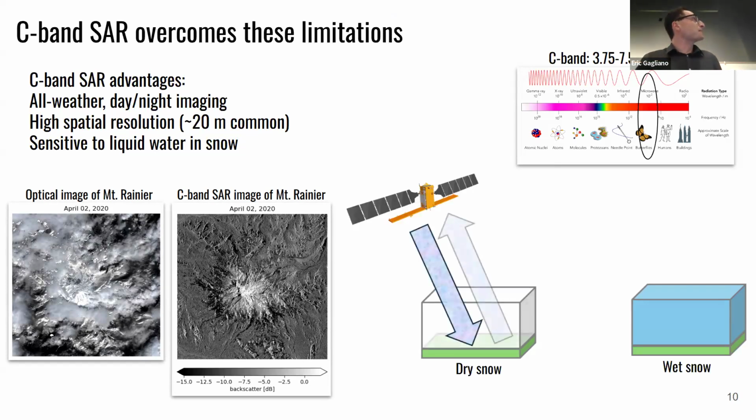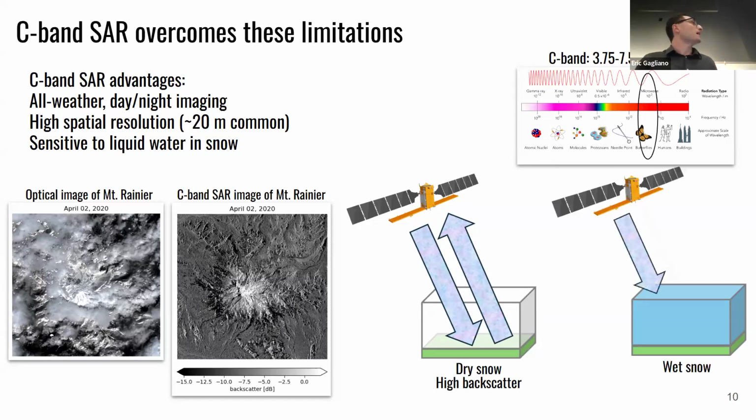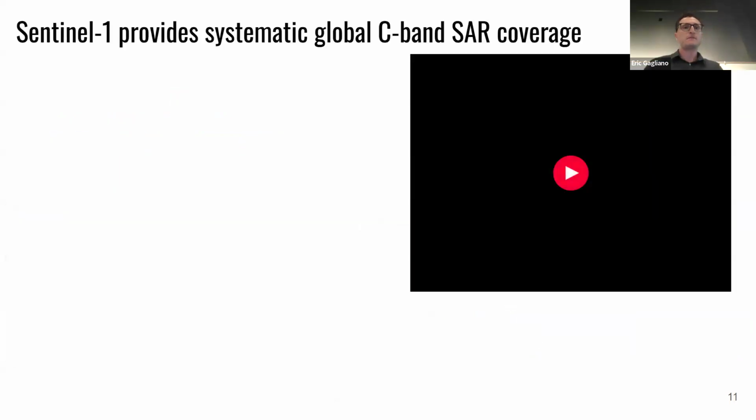And the main property that we're going to be leveraging here is that dry snow to C-band radar is essentially invisible. It'll go straight through, just like it did with the clouds, and bounce back, and there won't be that much signal attenuation. Whereas with wet snow, you're going to have lower backscatter because the signal is going to be absorbed by the water in the snowpack.